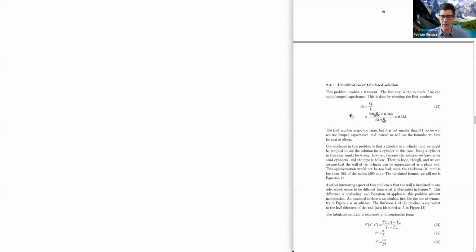So now we can calculate the Biot number, hL over k, 0.3. This is the worst that can happen to you, right? If the Biot number was 10 to the minus 3, we go back to week 3 and you do lumped capacitance and you laugh all the way to the bank.